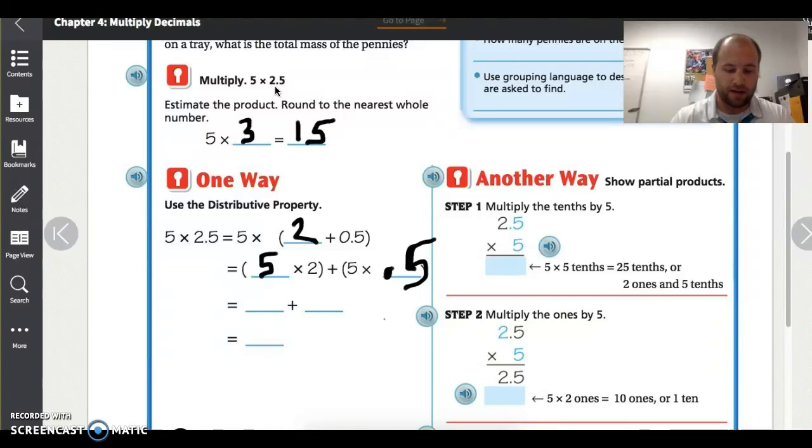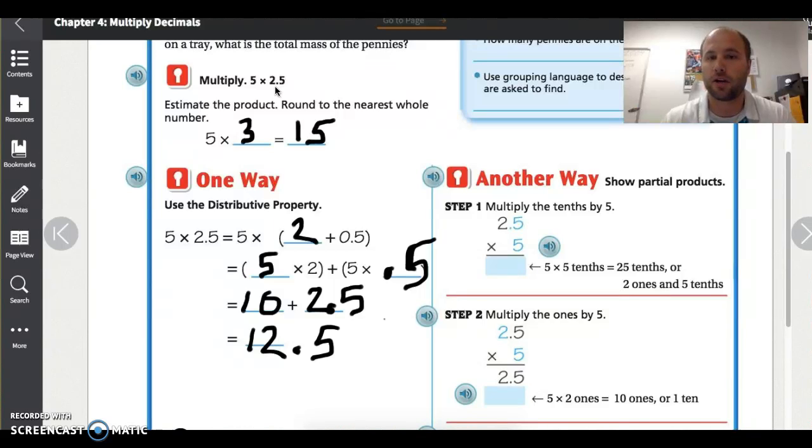We know 5 times 2 is 10, and 5 times a half is 5 times 5 is 25. That's 2 wholes and 5 tenths, so it's 2.5, or 2 and 5 tenths. And 10 plus 2 and 5 tenths is 12 and 5 tenths.